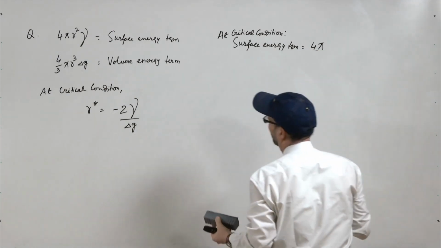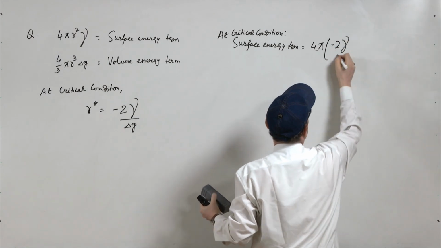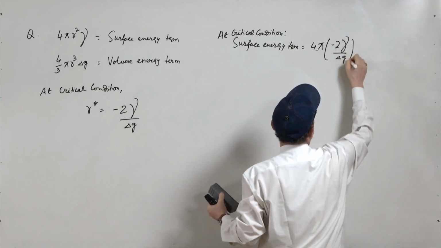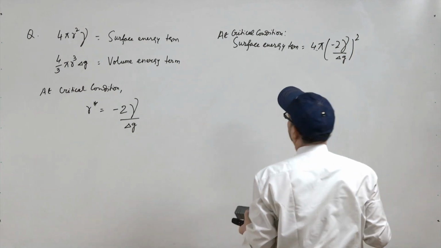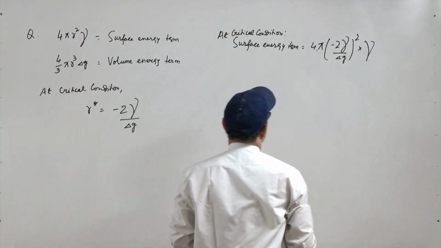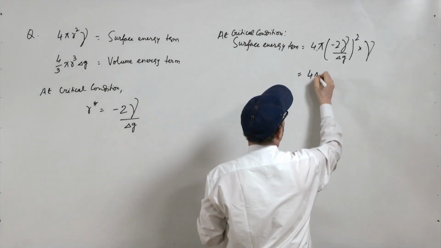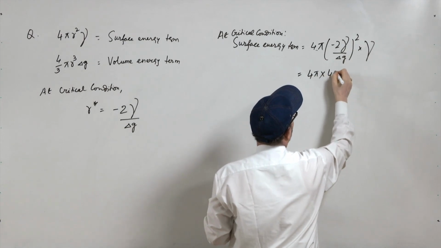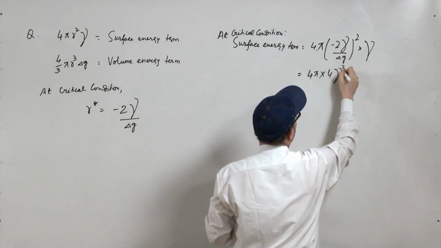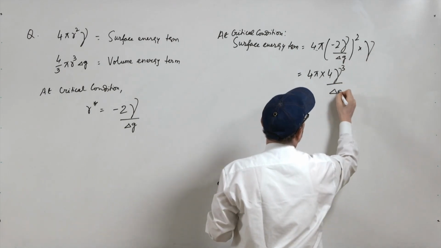In place of r it will be r star, so it will be 4 pi into minus 2 times gamma upon delta g, squared, into gamma. So, this will be 4 pi into 4 gamma square into gamma, that is 4 gamma cube, upon delta g square.